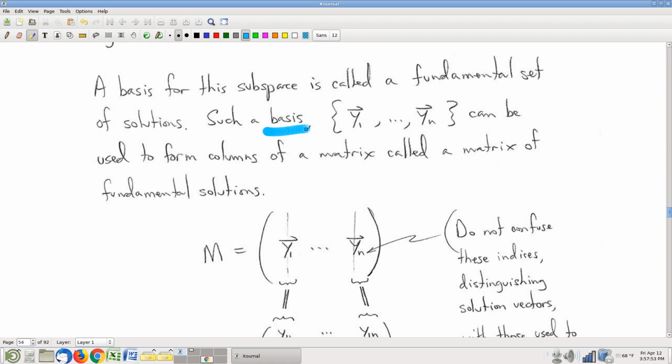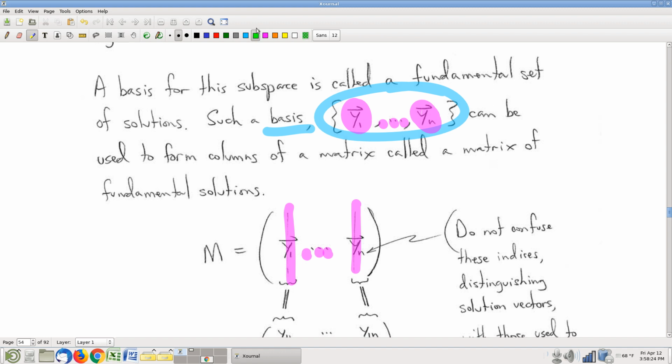Such a basis, then, is a list of vector-valued functions. It's a list of vectors. And you may recall, on several occasions in the past, we have found it convenient for various different reasons to take a list of vectors and make a matrix out of it. So when you do that here, why?